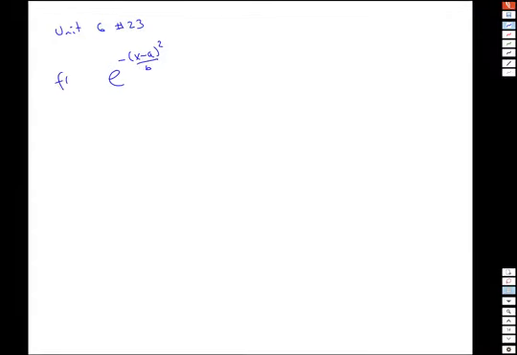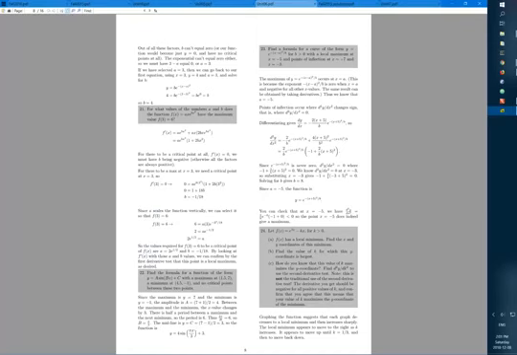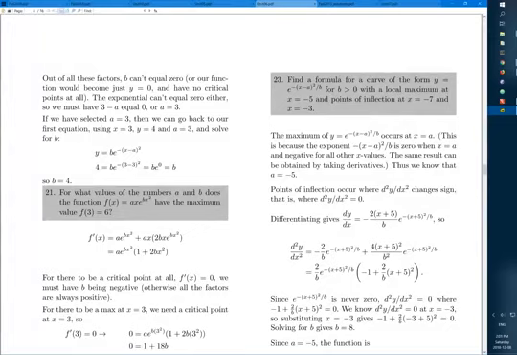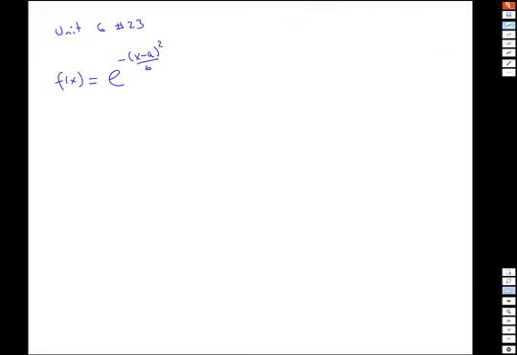And that's our function. And then you're given some information about not just locations of coordinates, but the fact that it's a local maximum or a point of inflection at some particular location. So the key thing is how to turn those into mathematical statements. Here you're told that you are given a local max at x equals -5.